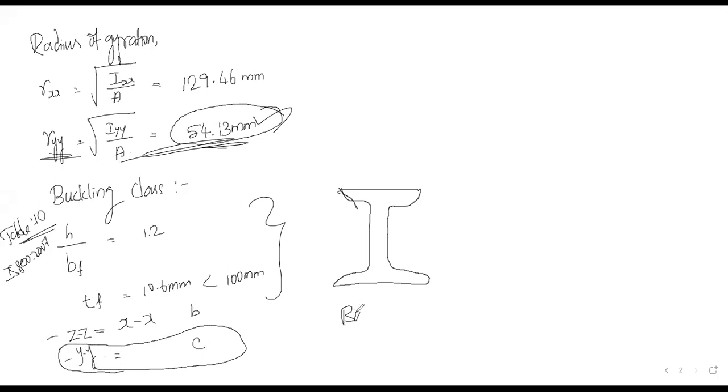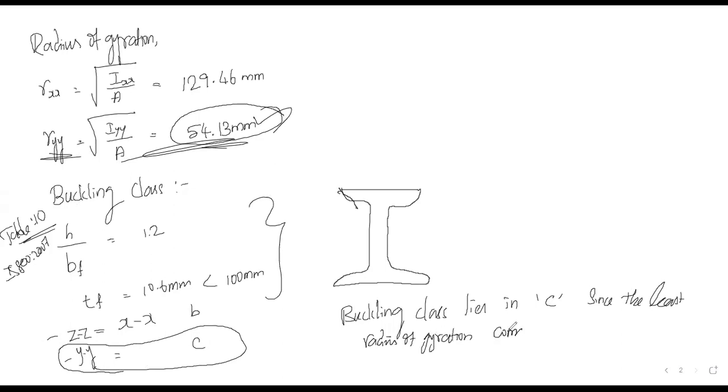So the buckling class lies in C, since the least radius of gyration comes in the YY axis.